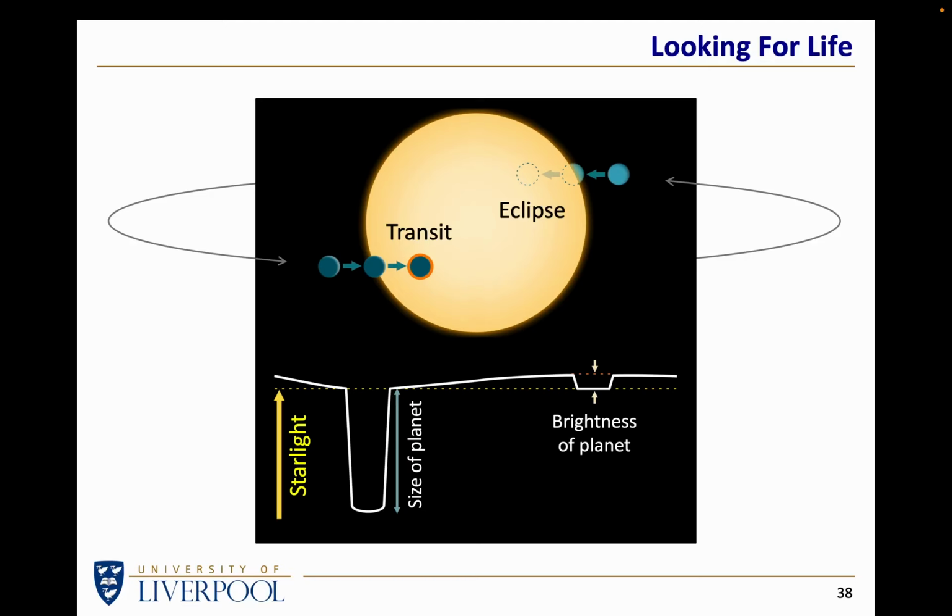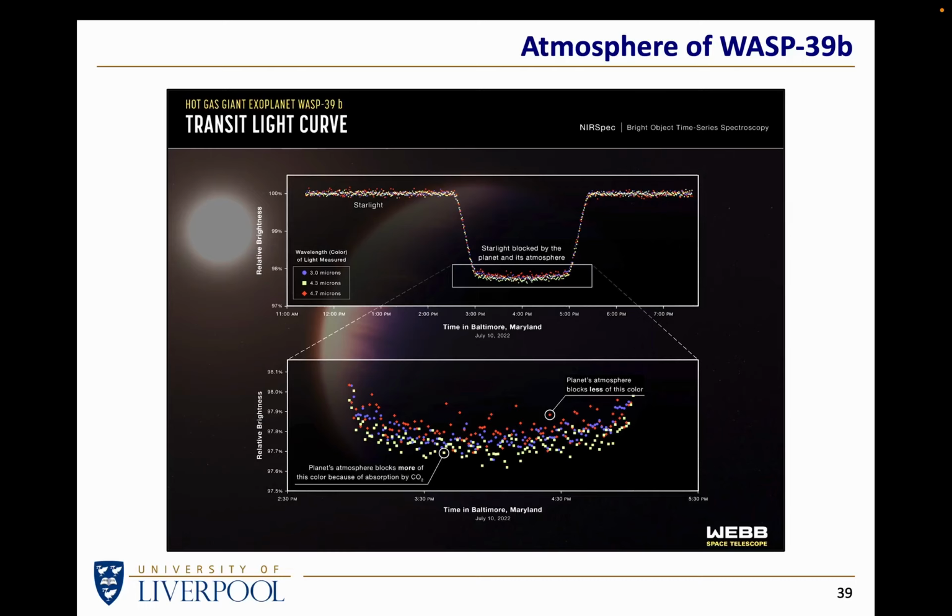So there's two bites of the cherry, as it were, to get information from spectroscopy about what particular wavelengths are present because of the planet rather than because of the star. And if this is done, again, with enough signal to noise, you're looking at tiny differences between spectra, so you need good signal to noise. Hence, this works really well with a very large mirror like the James Webb.